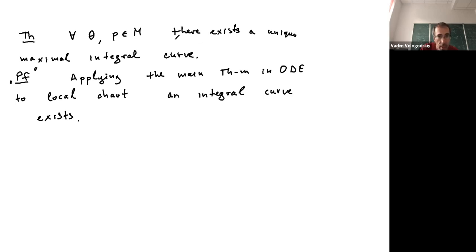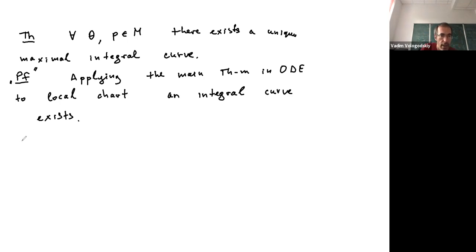Because this statement has nothing to do with global properties of M. You can just replace M by Rn. And then, as I explained in my example, the condition on gamma is expressed by an ordinary differential equation.